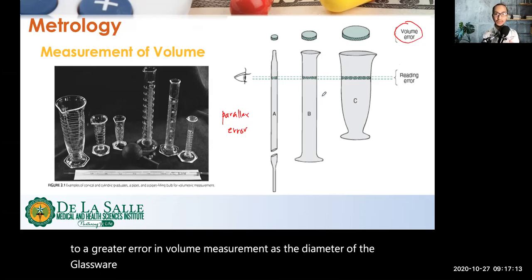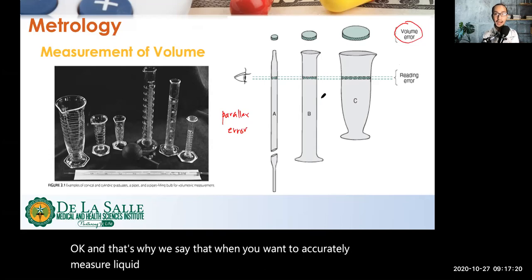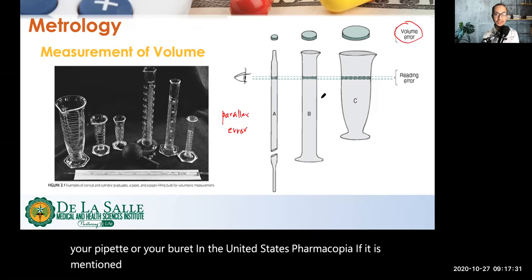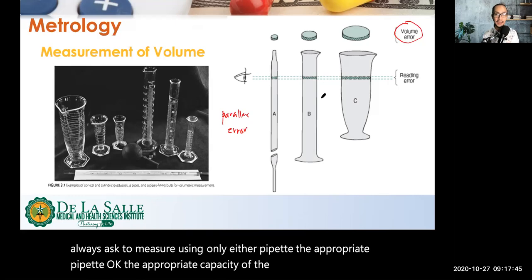Okay? And that's why we say that when you want to accurately measure liquids, you must use a narrow gauge instrument, such as your pipette or your burette. In the United States Pharmacopoeia, if it is mentioned to accurately measure something, you are always asked to measure using only either the appropriate pipette, the appropriate capacity of the pipette, or burette.